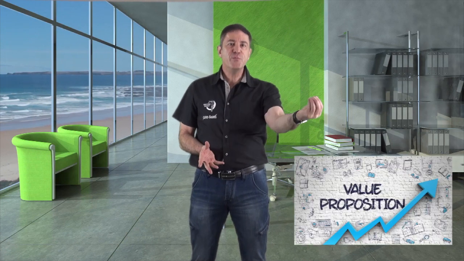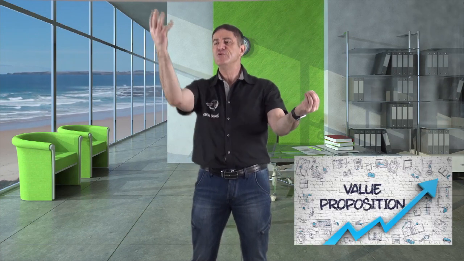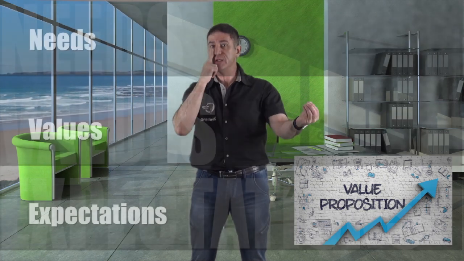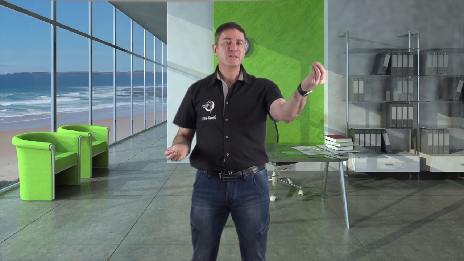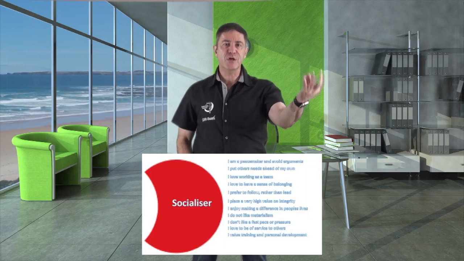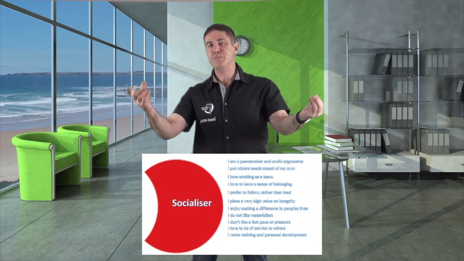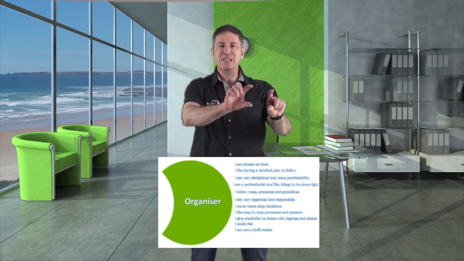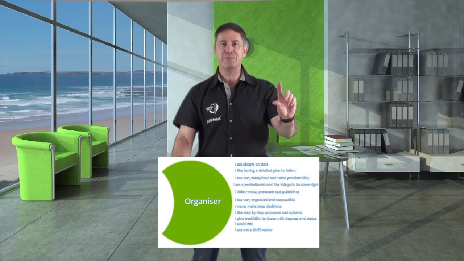So think about this when you're preparing your questions. Yes, you want to connect your value proposition to each customer's unique needs, values, and expectations. But when you're researching and meeting with a customer, try to identify their personality type, because when you understand their personality type, you're going to be asking different questions. A socializer is about their people, an organizer is about systems, checklists and next steps.